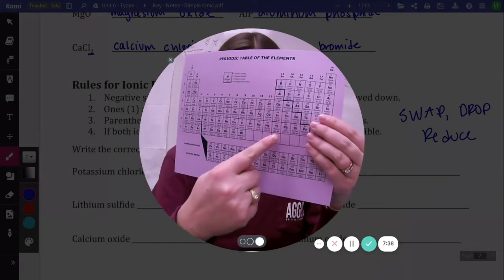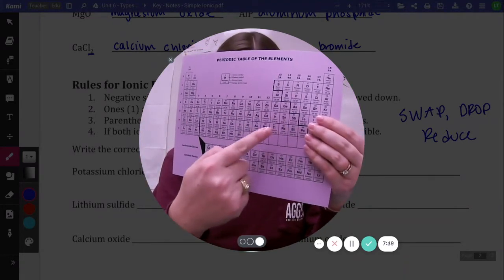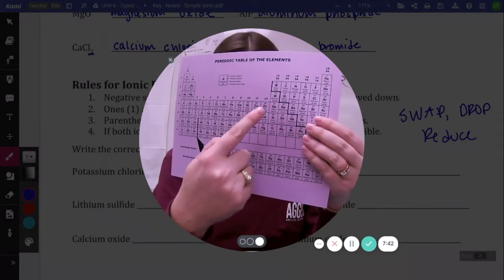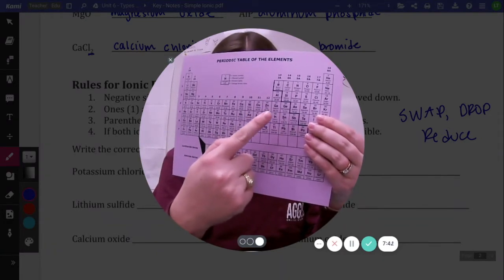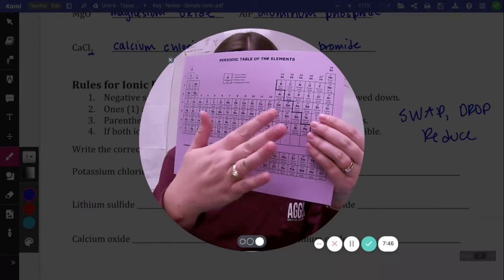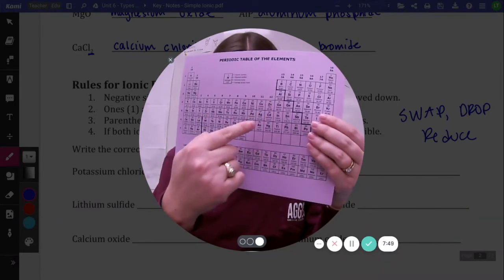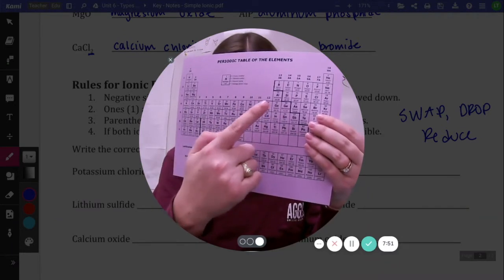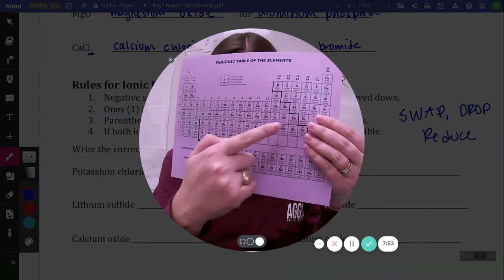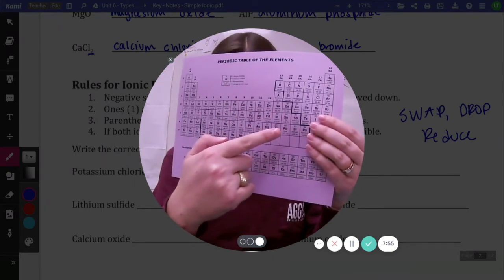Group 3 is going to have a positive 3. All of our metals down here underneath our zigzag line, except for aluminum, are transition metals, and so they will have varying charges that we'll focus more on next class.